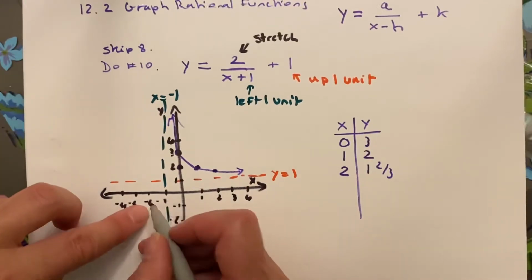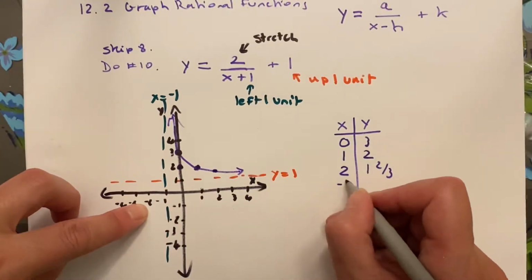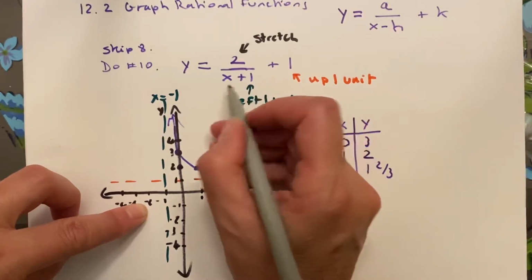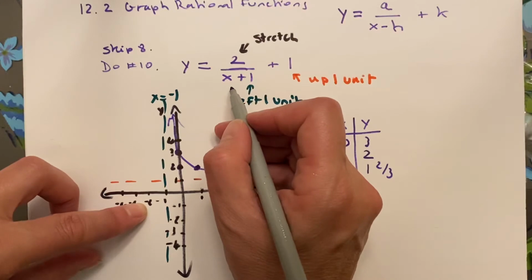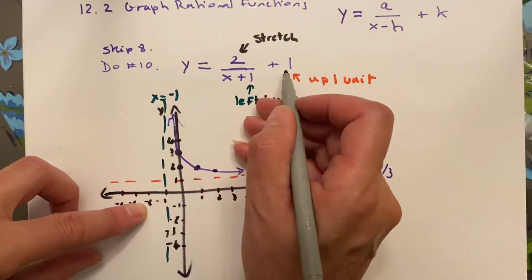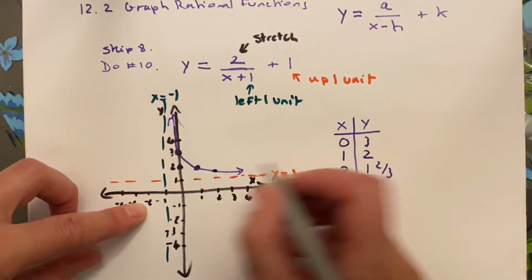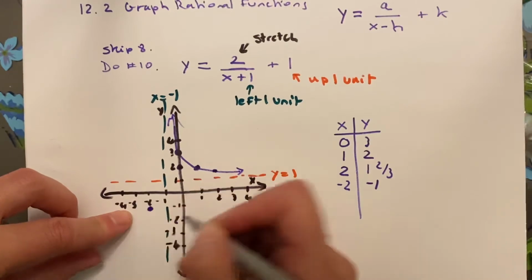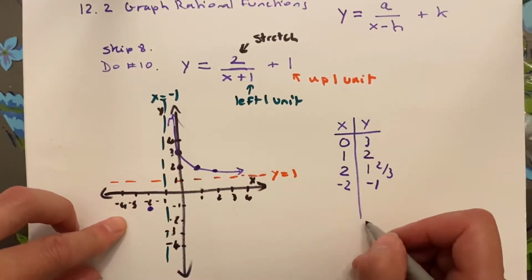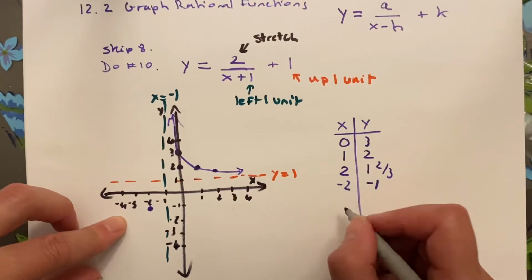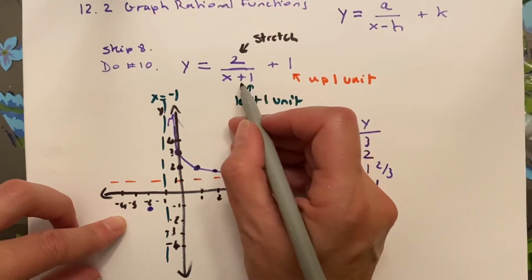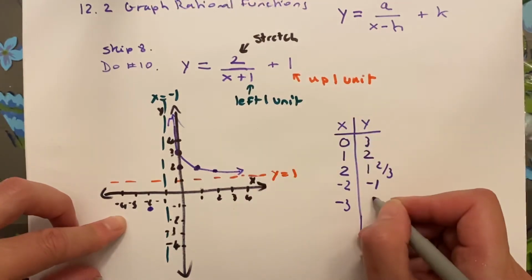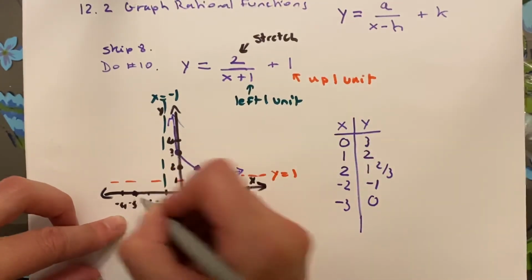I know I can't pick -1, so I'm just going to head to -2. -2 plus 1 is going to give me a -1. 2 divided by -1 is -2. Plus 1 is -1. So -2, -1. Let me try -3. -3 plus 1 is -2. 2 divided by -2 is -1. Plus 1 is 0. That's nice and easy.